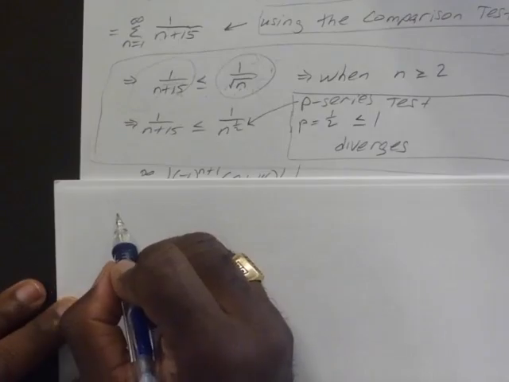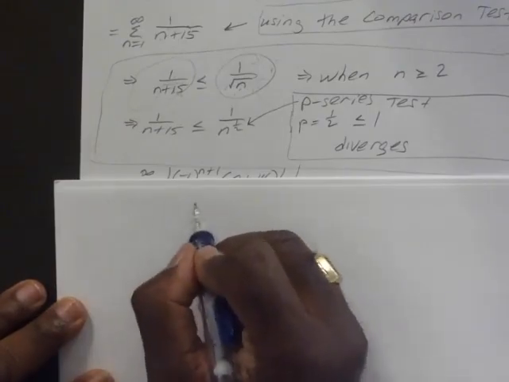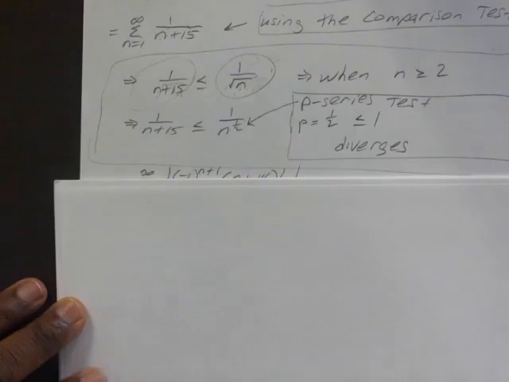So let's say if we have our 1 over n plus 15, I'm trying to think of one that is less than 1 over n plus 15 that we can actually use in that case.